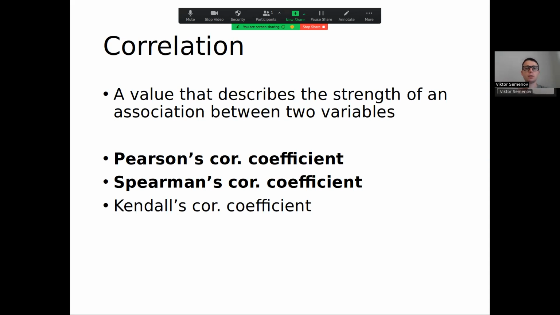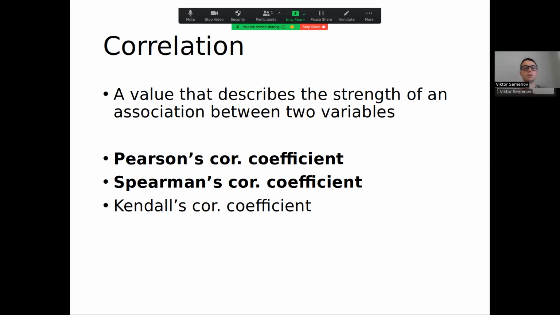You might have heard of it because this term is frequently used not only in a statistical context, but also in other ways when two instances are somehow interrelated. But today we're going to speak about the correlation coefficient. You might have heard of Pearson's correlation coefficient, Spearman's correlation coefficient, and Kendall's correlation coefficient.